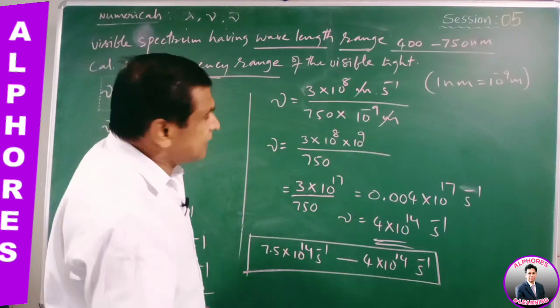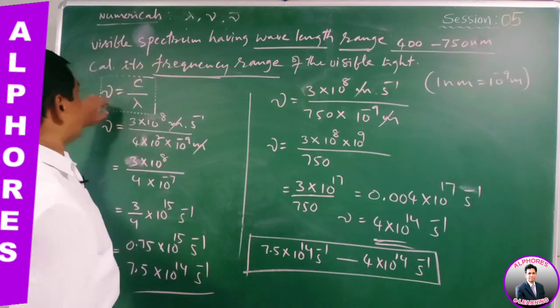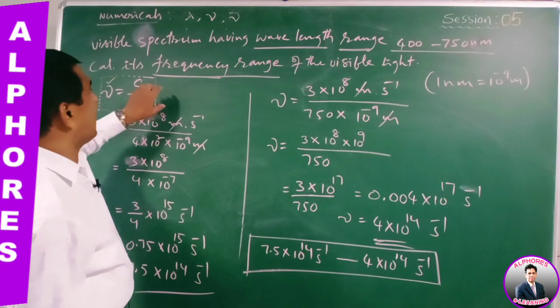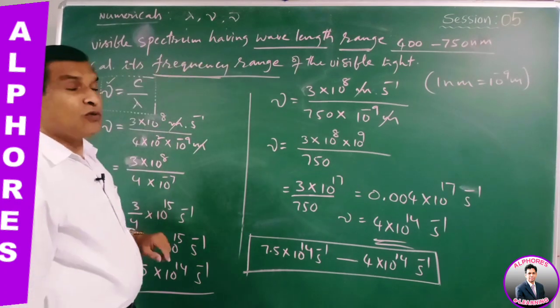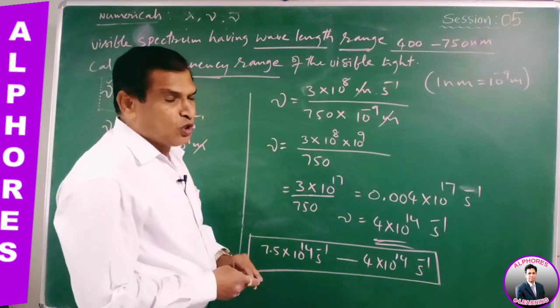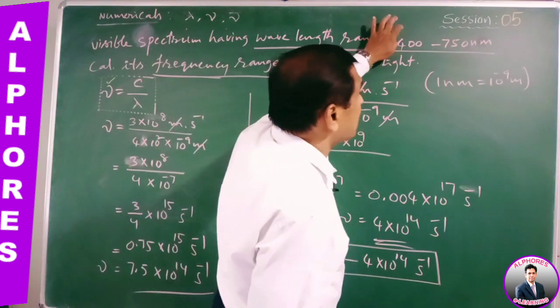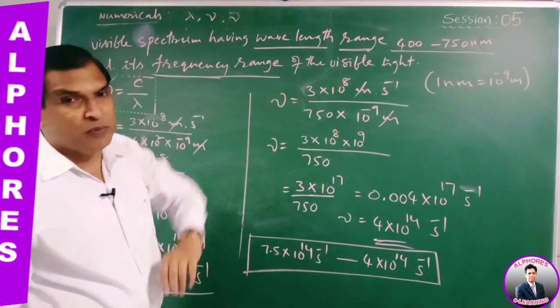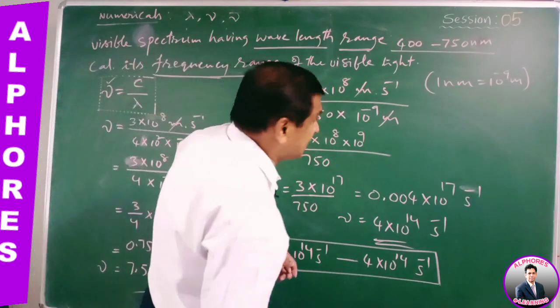So this is an interesting problem, calculating frequency, where wavelength is given as 400 to 700 nanometers. So that is the visible spectrum, that is VIBGYOR. Starting from violet and ending with the wavelength 750 nanometers, that is for red colored wavelength.